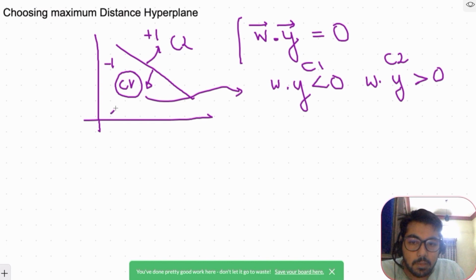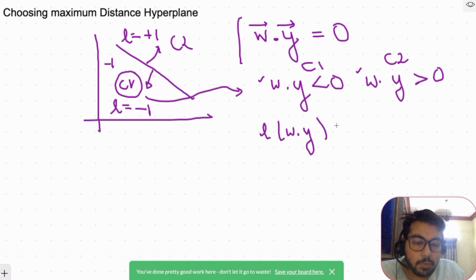and I multiply the label, L as -1 and L as +1, with these two equations, it would come as label times the dot product, which returns a scalar quantity. The w dot y for class 1 is always less than 0, and multiplying it with -1, because the label of class 1 is negative, inverts the sign to greater than 0.